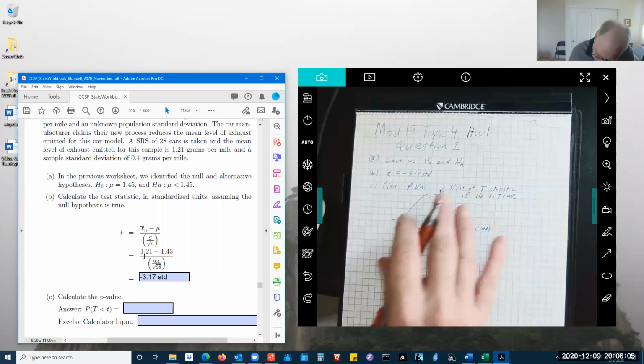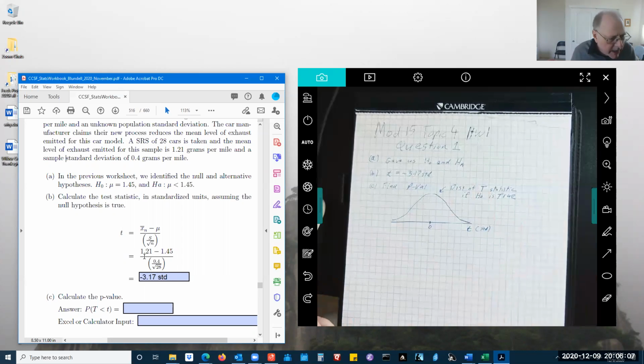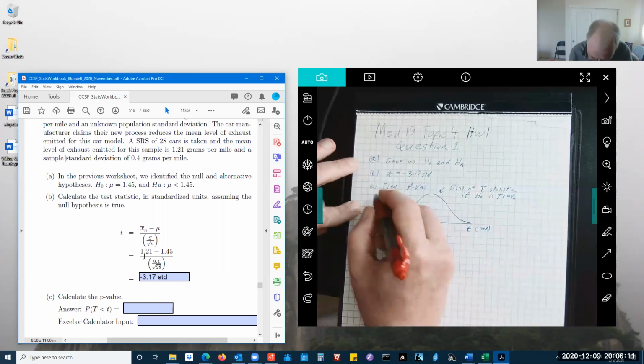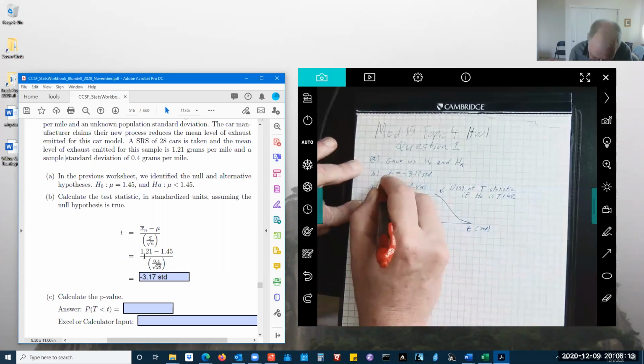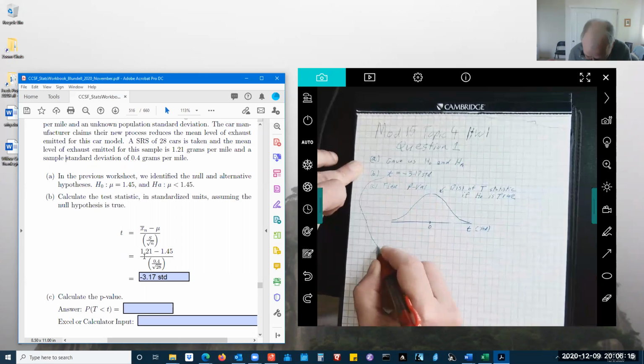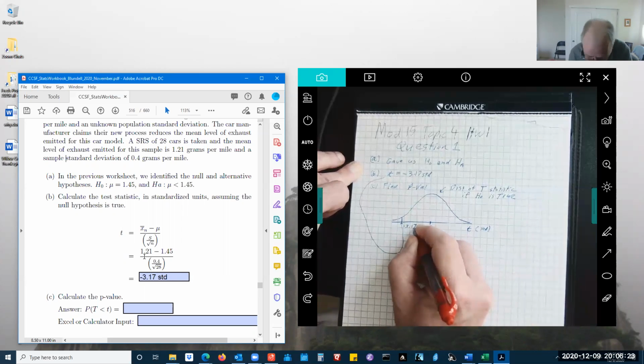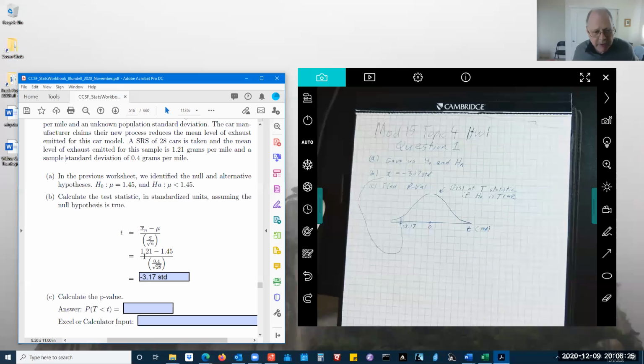So here's the distribution of t, and now our t-score came down back here near the left edge. Negative 3.17.